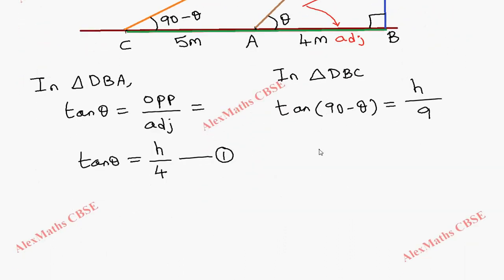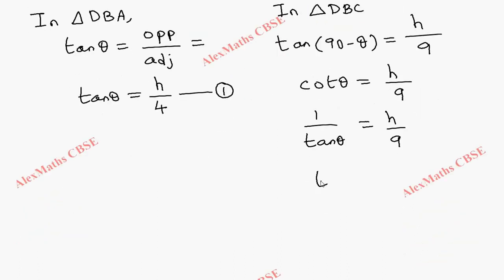And tan 90 minus theta, as per the formula, it is cot theta, which is equal to H by 9. But cot theta can be written as 1 by tan theta, that is equal to H by 9. Now taking reciprocal, we get tan theta equal to 9 by H. And let's take this as the second expression.